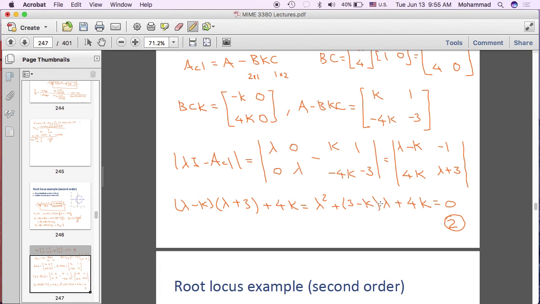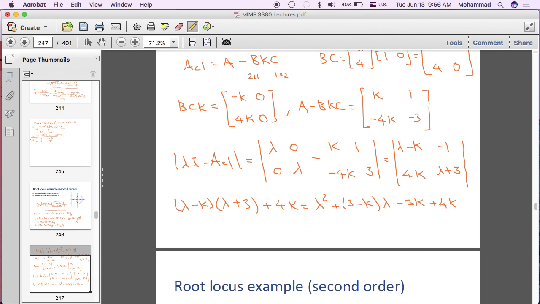Okay, what I missed is minus 3K that comes from this multiplication. I apologize, I wanted to write this quickly, so I missed one term. This has a minus 3K that comes from the multiplication of minus K and 3 plus 4K.